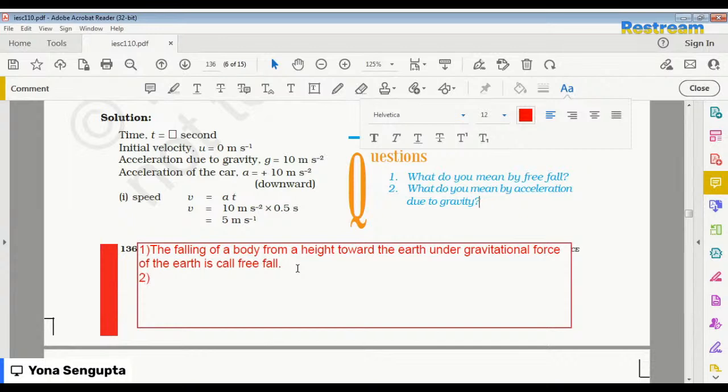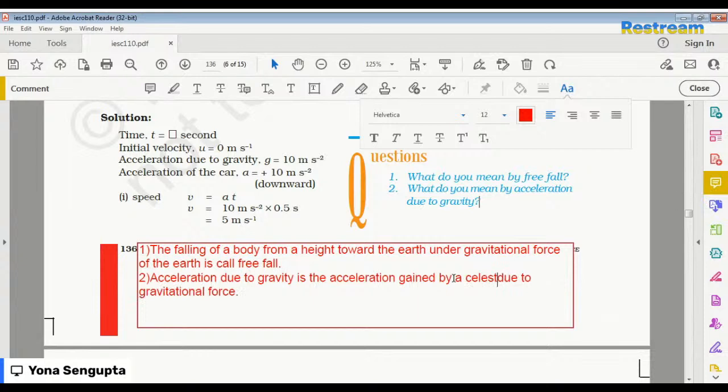Number two, acceleration gained by a celestial body due to gravitational force. Next is, what is its value? When we ask what is acceleration due to gravity, till here is okay.